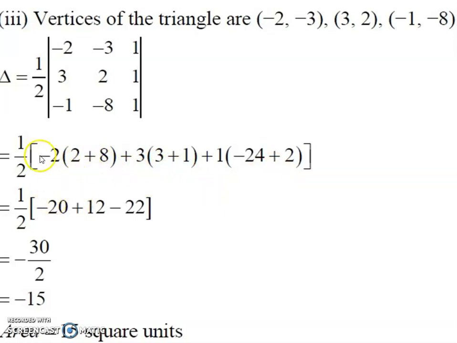So we have to take the minus 2 remain. 8 plus 2 is 10. 10 into minus 2 is minus 20. 3 plus 1 into 3, 4 3s are 12. Minus 24 plus 2 is minus 22. So we should write minus 22 minus 20 plus 12. We derive the answer is minus 30 upon 2.